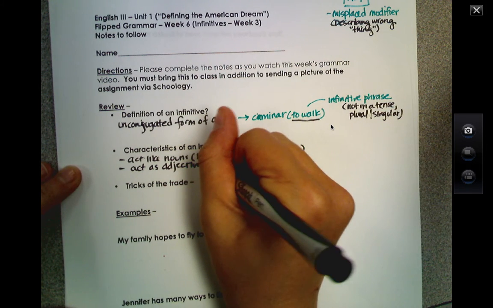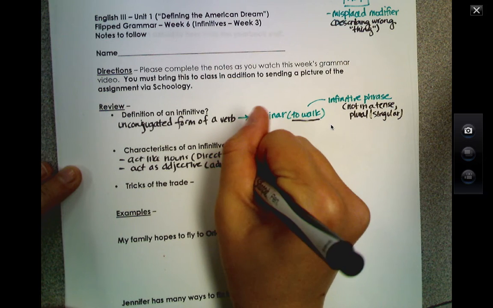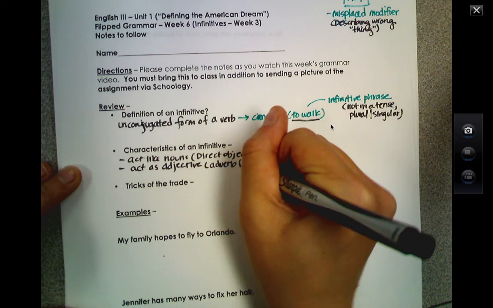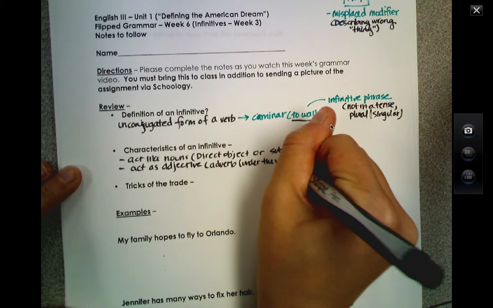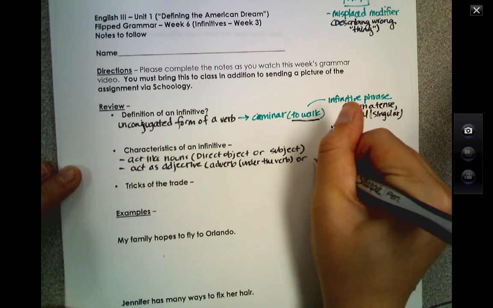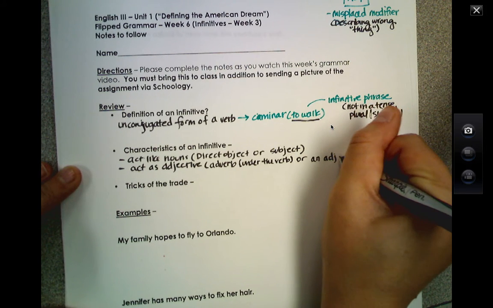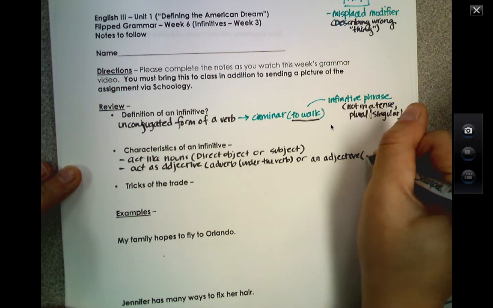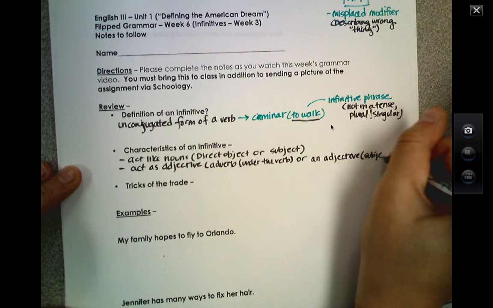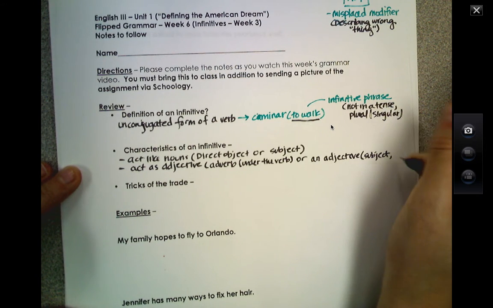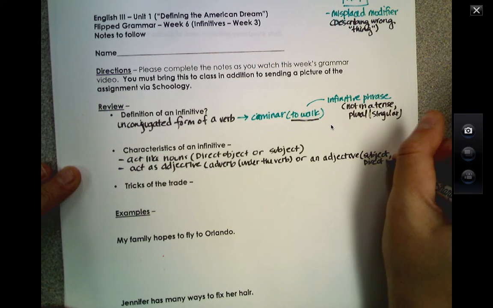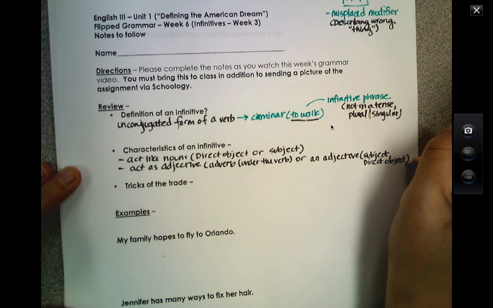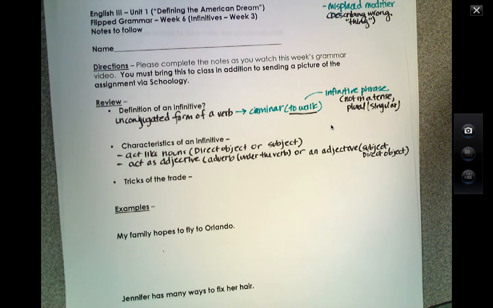They can be an adverb, which means it's going to go under, I'm doing a double parentheses, under the line, under the verb, or an adjective. So it can go under the subject, under the direct object. It can go under any of those. So they are very, very special and they can be very confusing.